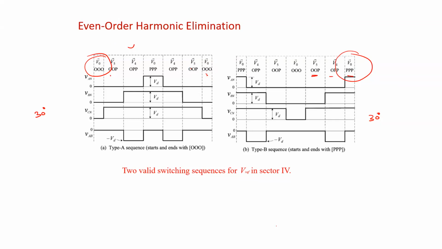We observe that when changing from the type A switching sequence to the type B switching sequence, all three phases are affected. That means you have 3 additional switching instances.